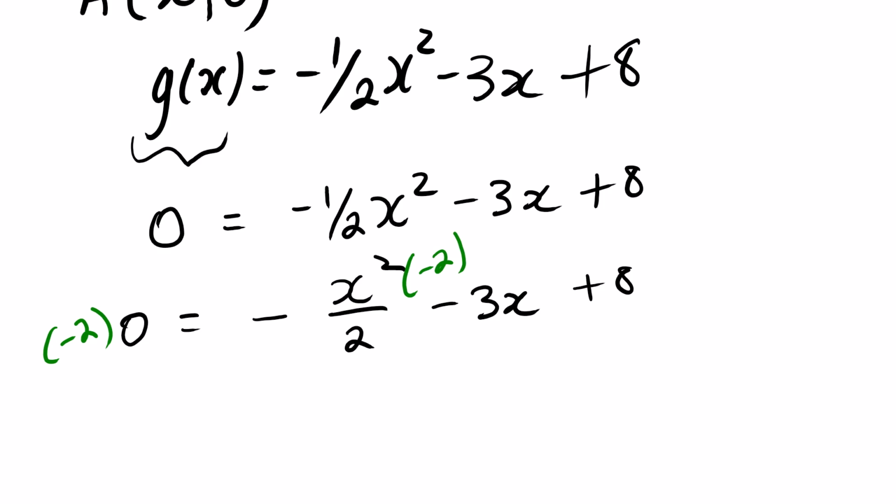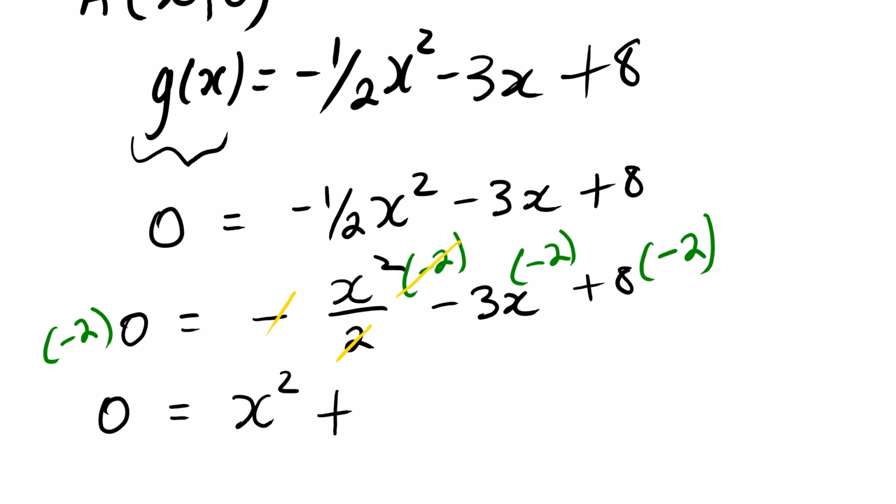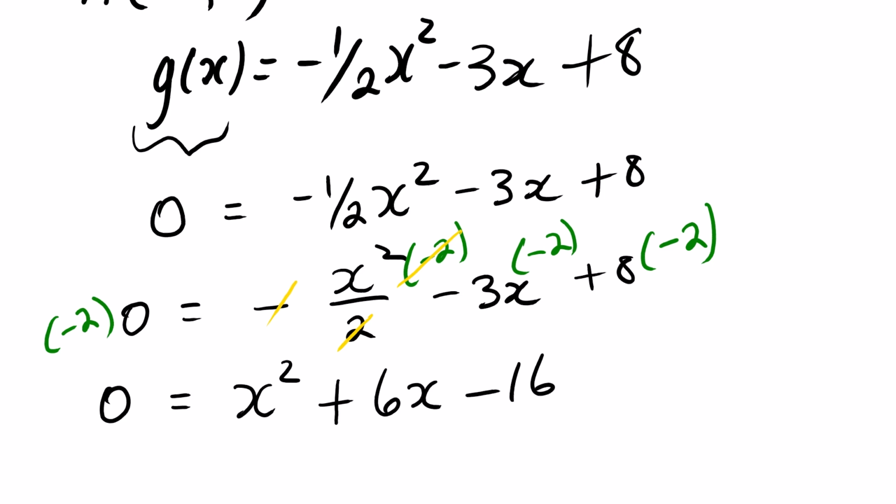We also multiply this term by -2, this one by -2, also this one by -2. So from here, 0 multiplied by -2 is 0. We'll get rid of this, and then we are left with this. And then -3 multiplied by -2 is positive 6x. Positive 8 multiplied by -2 is -16.